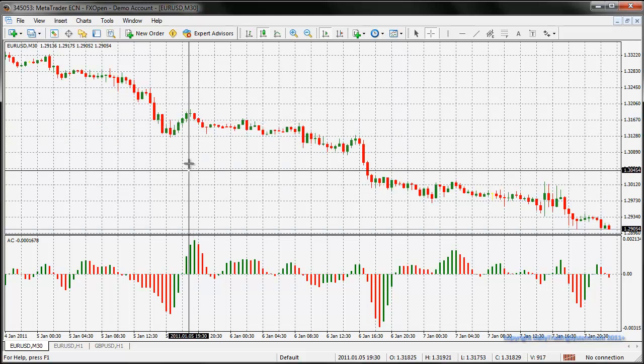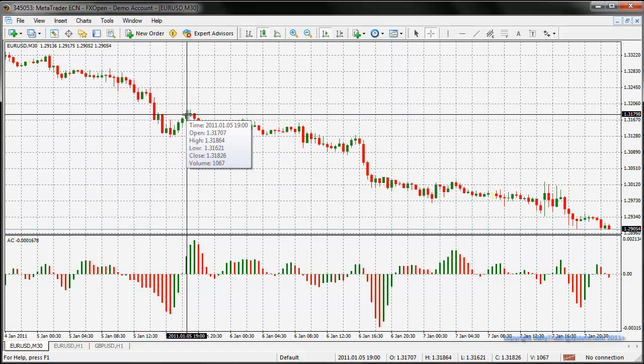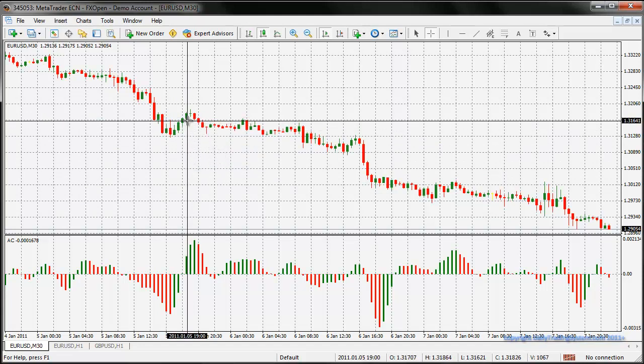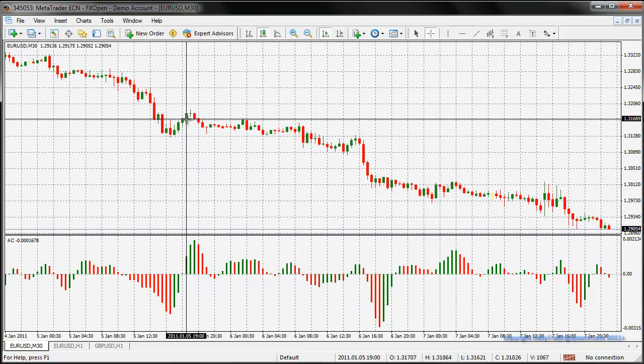So as soon as it goes green and this bar is green, you want to go long around about there. Now you're going to have to take some of these strategies with a pinch of salt, because not all strategies are 100% perfect, but when you use proper money management and risk management, you should be okay.